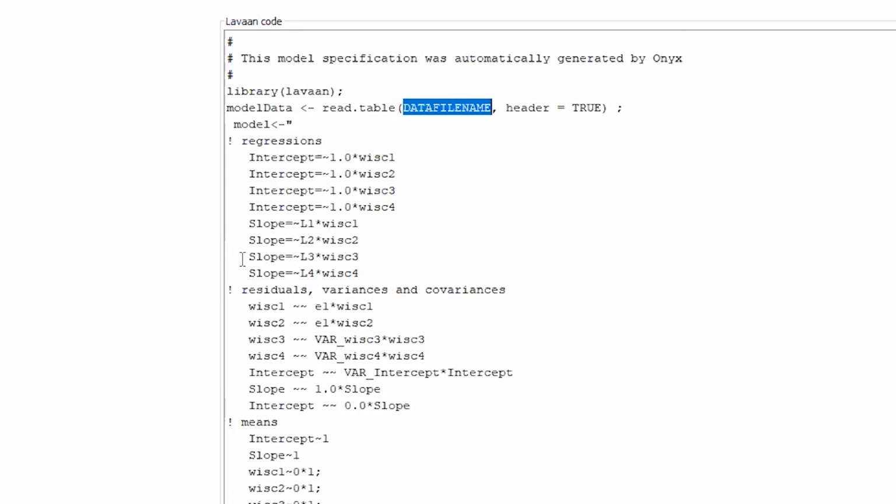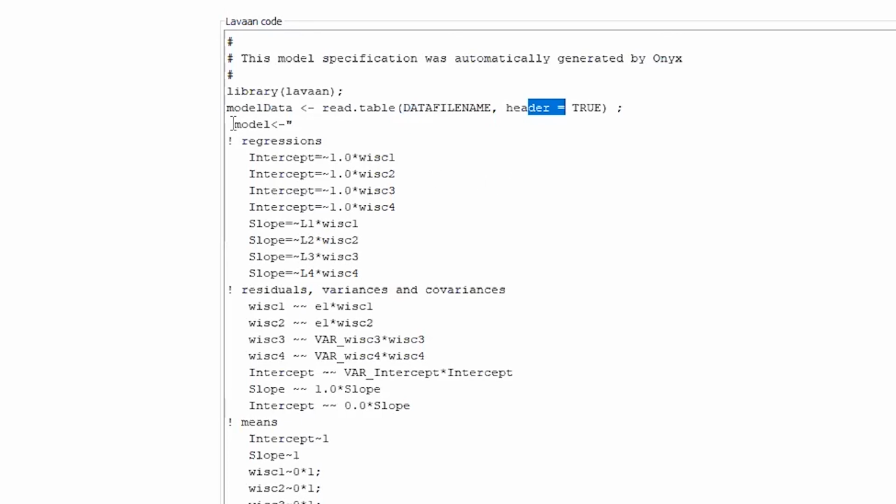As I mentioned before, lavaan uses a line-by-line equation form. So this first command says, hey, I want to use lavaan. The second one reads the data in so that lavaan can process it. If the names of the variables are on the first row, I say header equals true.